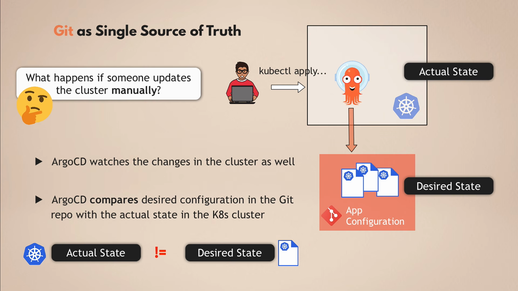And if it sees that something has changed in any of the two places and they don't match anymore, so the desired state defined in the Git repository does not match the actual live state in the cluster, it knows that it has to do something. And that something is always to sync whatever is defined in the Git repository to the cluster.